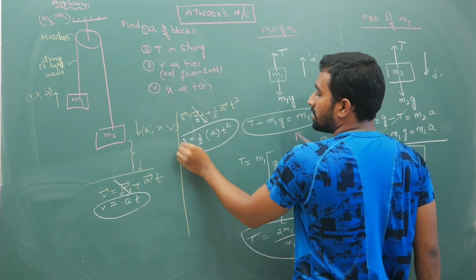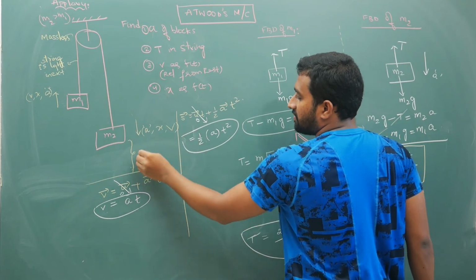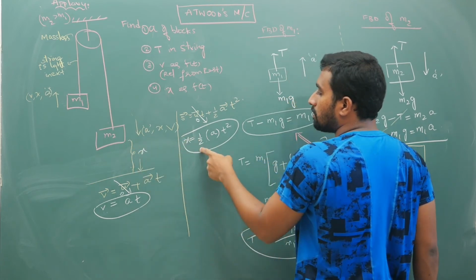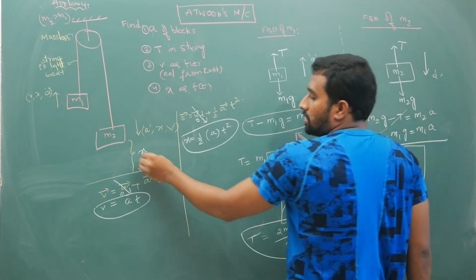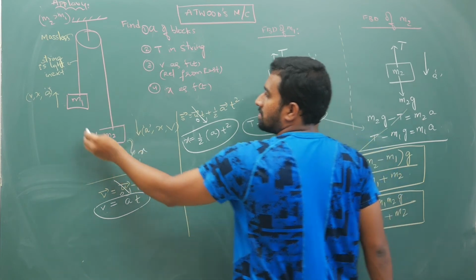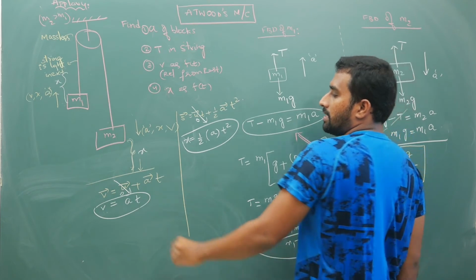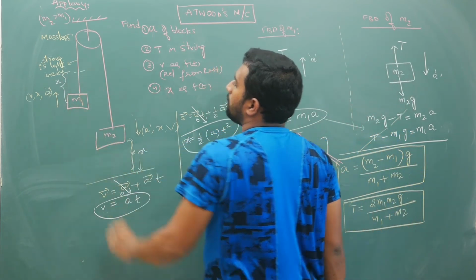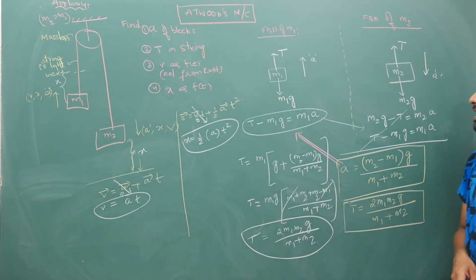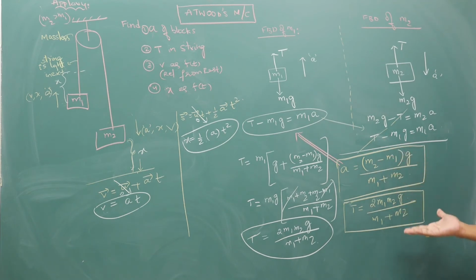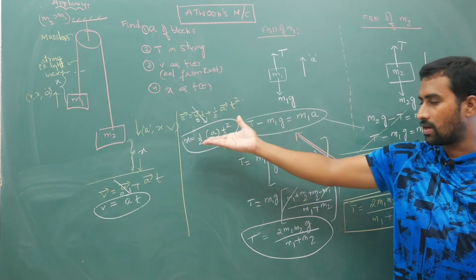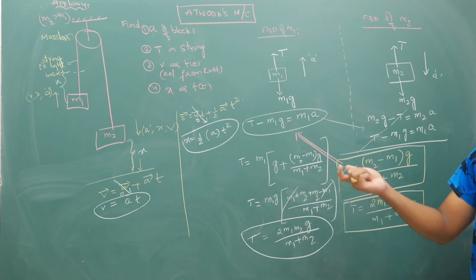This is your displacement, if this is some x, then x is equal to half a t square. So this block will come down by x, this block will go up by x. Finally it lands down here, it goes up like this. Like this we have to calculate acceleration, tension, displacement, velocity for both the blocks.